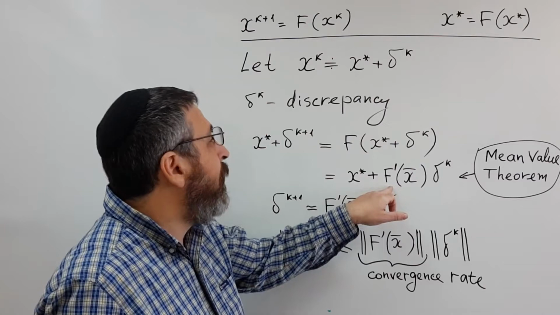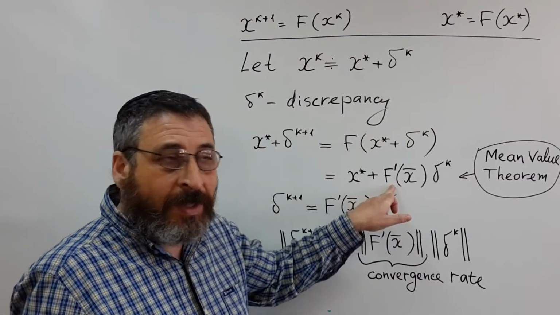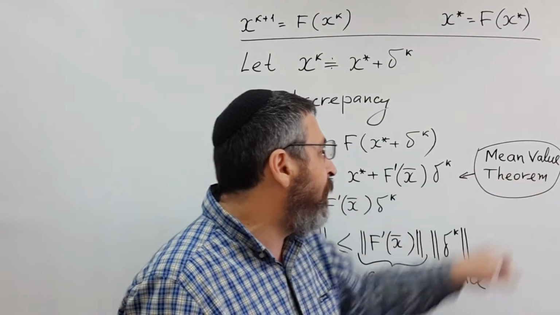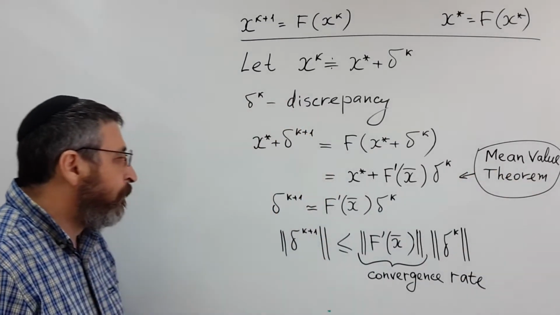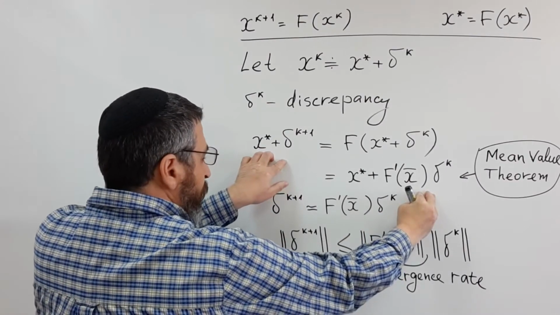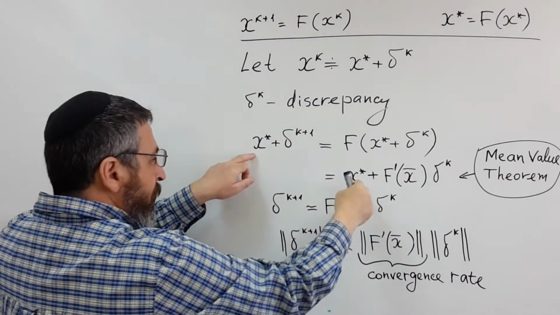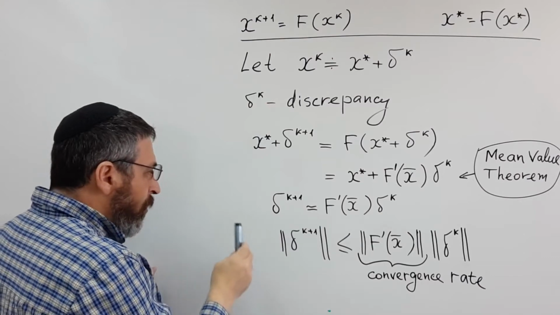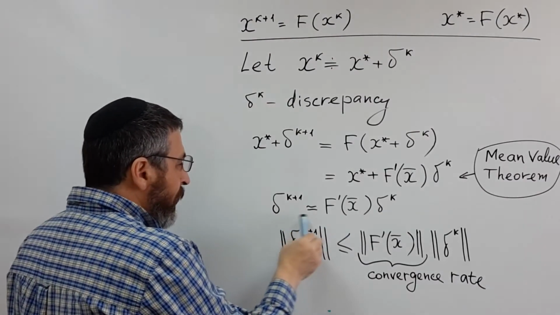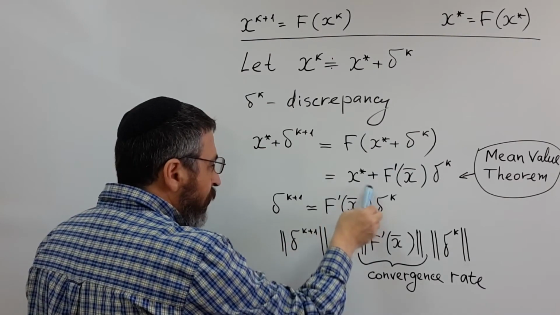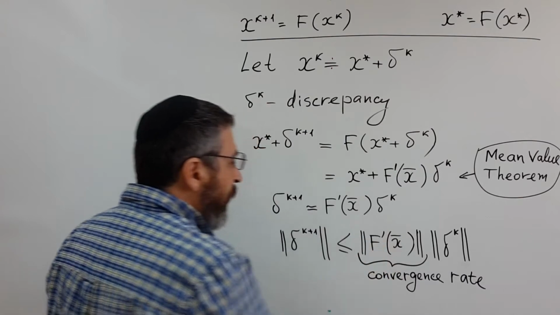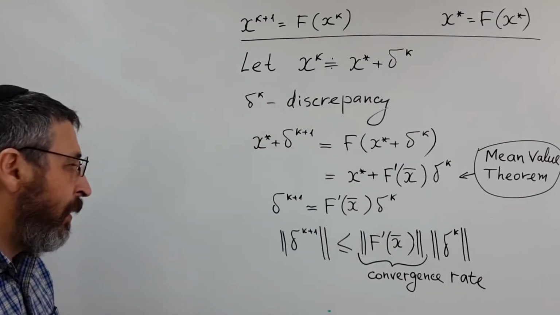And Jacobian should be taken in some intermediate point by so-called mean value theorem. So, summarizing what we wrote, if we subtract x star from both sides, we will get a very simple expression. Delta_{k+1} is Jacobian at some intermediate point multiplied by delta k.